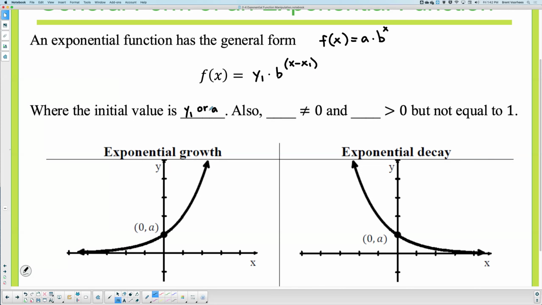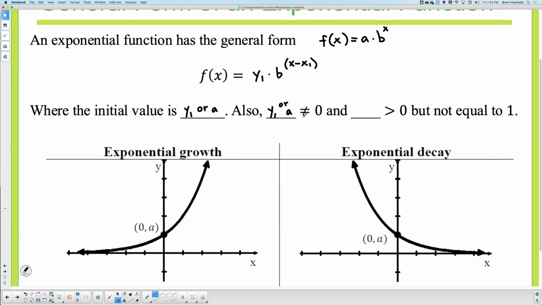There are some things that have to be true. y1 cannot be 0. Why would it be a problem if y1 was 0? When you multiply, you'd only be left with 0. So y1 here cannot be 0. And again, y1 or a cannot be 0.